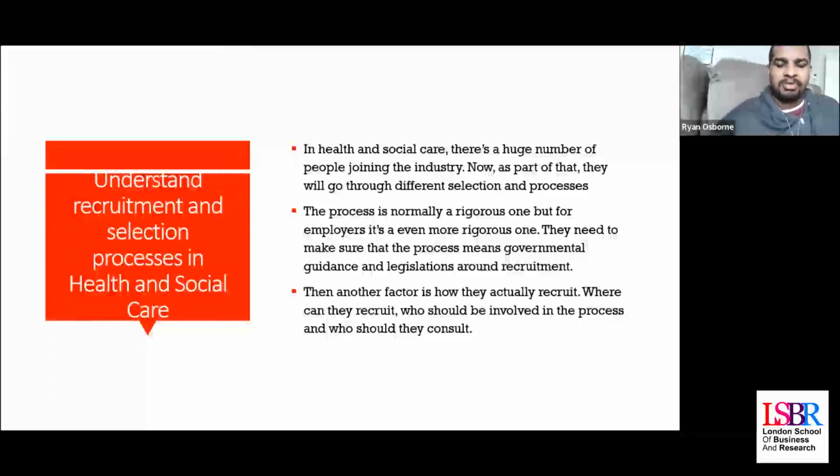Now the selection process is a different cup of tea. It's a whole different ball game. When you're going to select people, there's often certain criteria that they are looking for, aren't there?